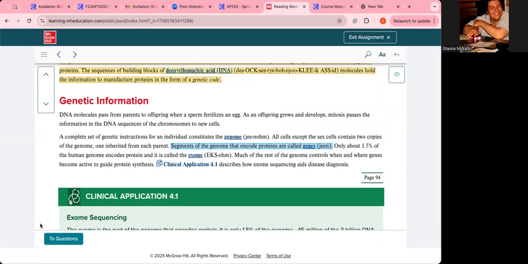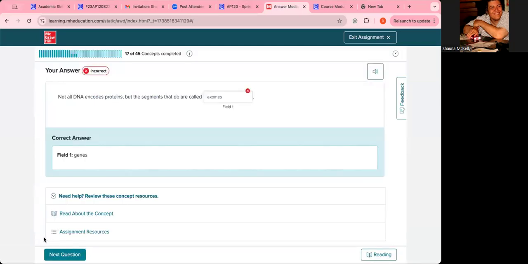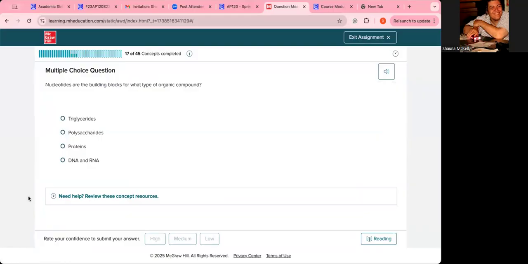And only about 1.5% of the genome encodes protein. Okay, I don't know what that difference is, but okay. I'll have to look at it. But genes is okay, so we can go on and then we'll have to come back.